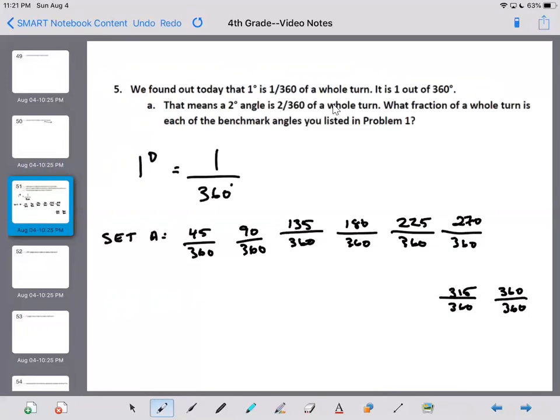And then we can do the same for set B. And you can refer back to the list.